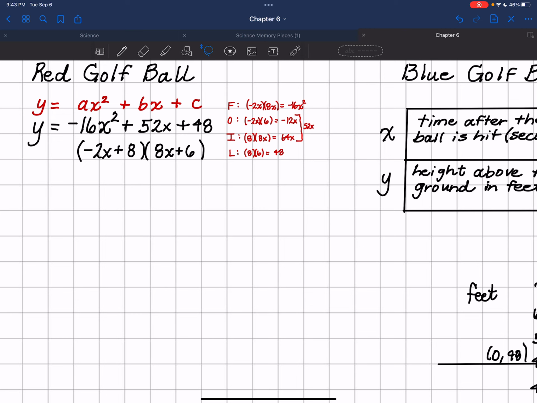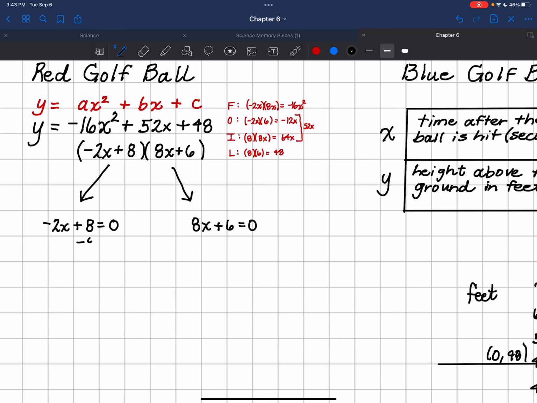So now I can actually find the zeros for this quadratic by taking this equation and this one separately and setting them equal to 0. Because we're trying to find the x values, so we're letting the y be 0.